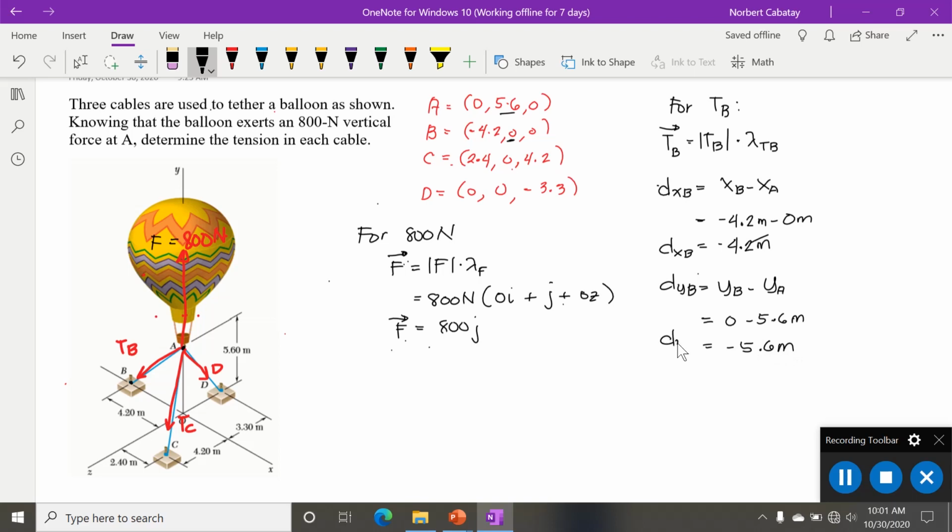So, that will be your d sub yb. And your d sub zb is equal to z sub b minus z sub a. Ano po? So, say b is, ito yun, 0 minus 0. So, that will be 0. Tama, 0 meters. d sub zb. Ano po?